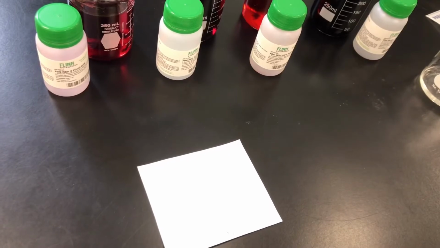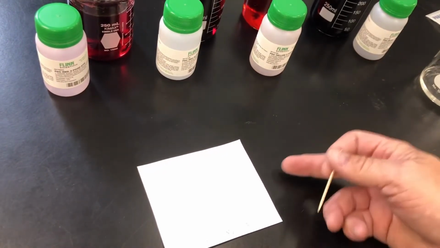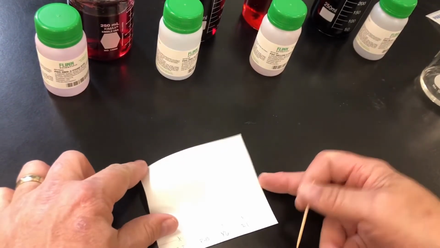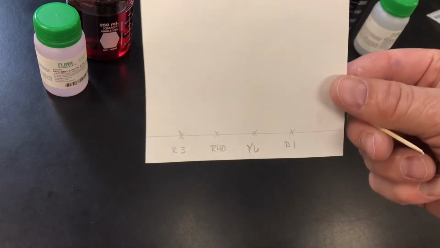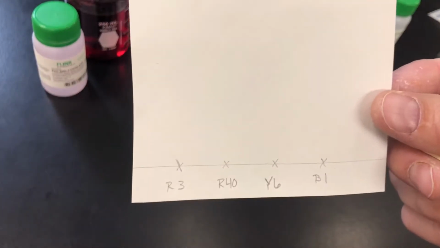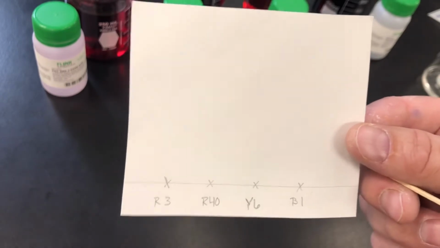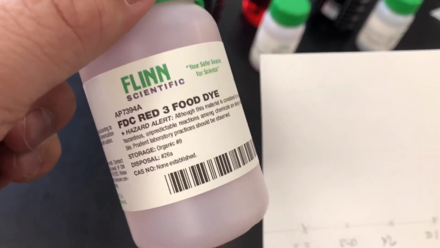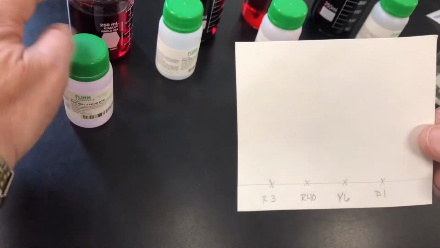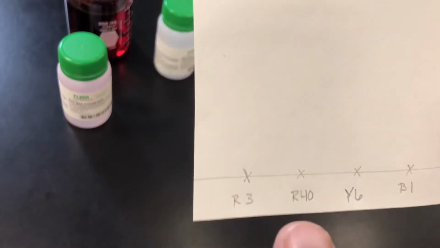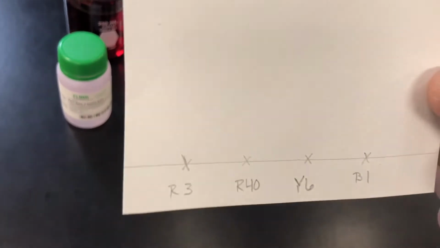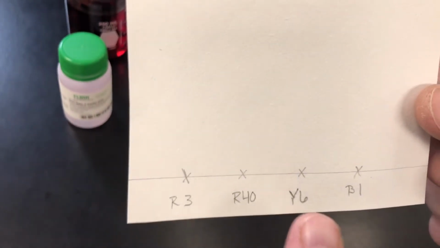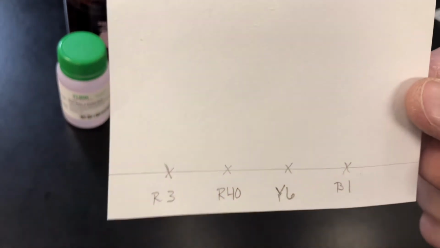Okay, so we're back, and we're going to start making our chromatograph paper, starting with our FD&C colors. We're going to start with FD&C red food dye number 3, and so this is labeled as R3 for red number 3, R40 for red number 40, Y6 for yellow number 6, and B1 for blue number 1.